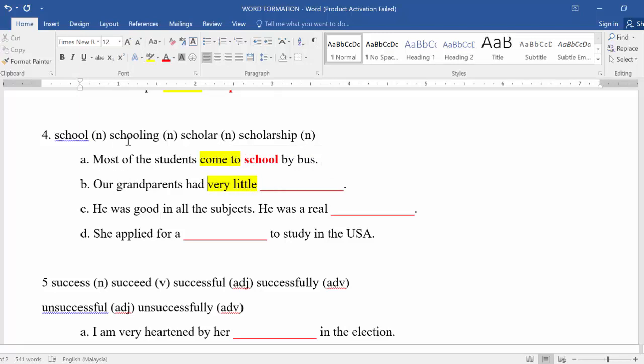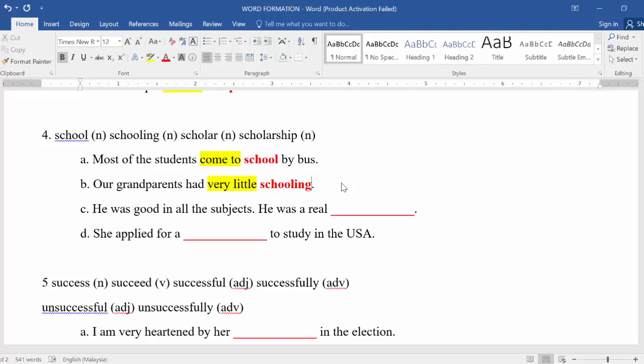But all of these are nouns, so which one to choose? Have very little what? Education. So it should be schooling. They had very little schooling, very little education, because in the older times, in the previous century, maybe they did not have much money to go for education, so they had very little schooling.